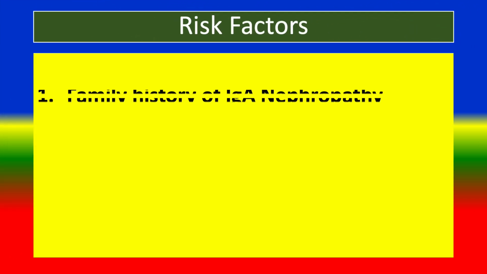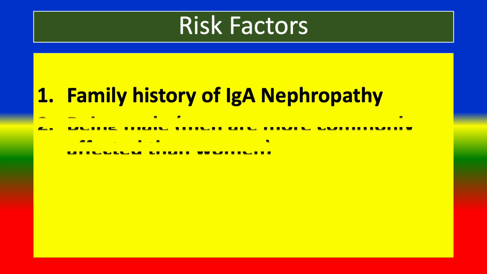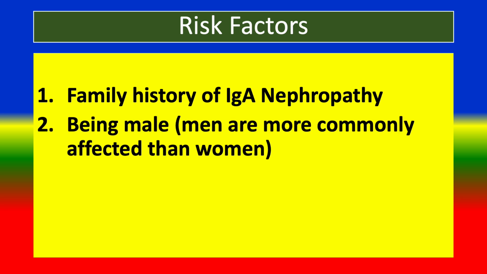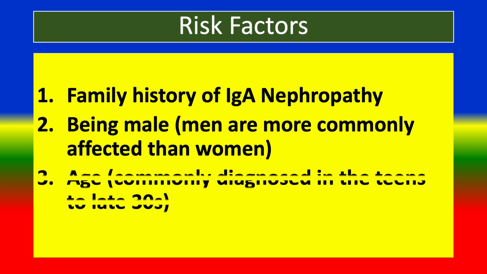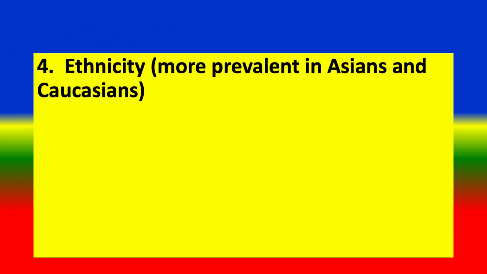Risk factors. 1. Family history of IgA nephropathy. 2. Being male. Men are more commonly affected than women. 3. Age. Commonly diagnosed in the teens to late 30s. 4.